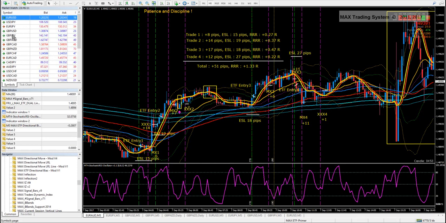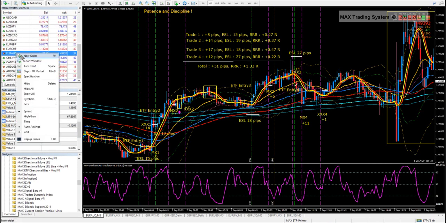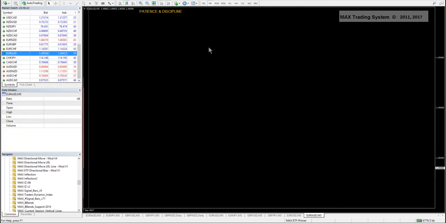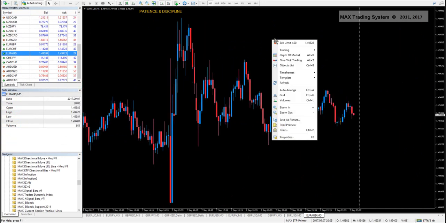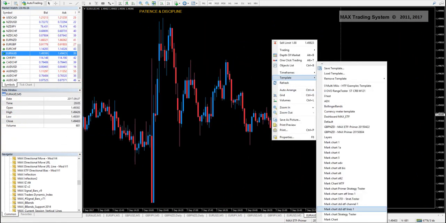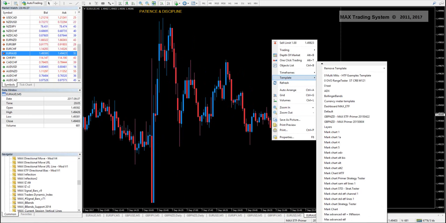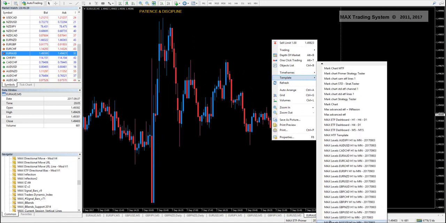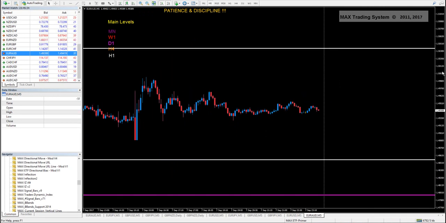Once the templates have been installed in the MetaTrader platform, to integrate these levels on the chart we are trading, we can open a naked chart. So here it is, the Euro Aussie. Where is the Euro Aussie? Here, right here. So I open a naked chart, and then I draw my levels here for the Euro Aussie, and you can see the Max price level.